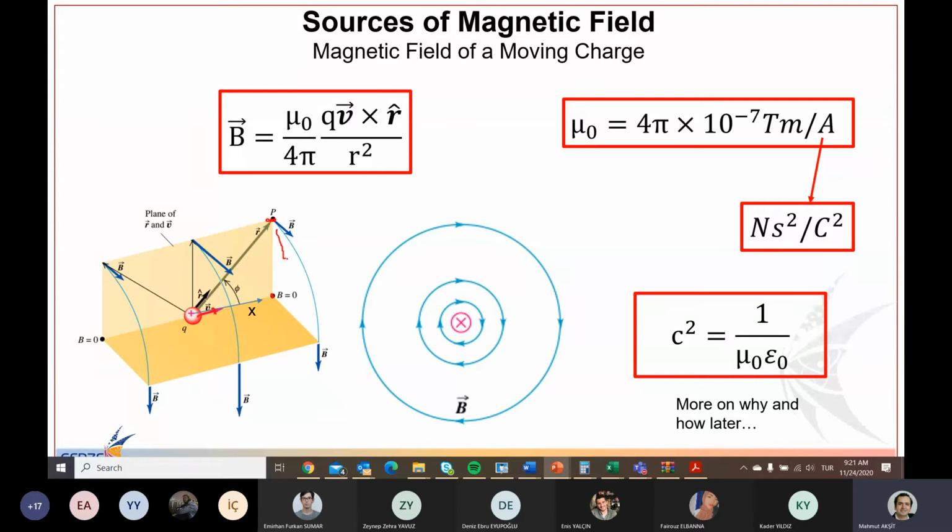Let's say this is 0.5 meters. This is also 0.5 meters. So r will be 0.5 square root 2, and the angle will be 45 degrees, if this is z and this is y.